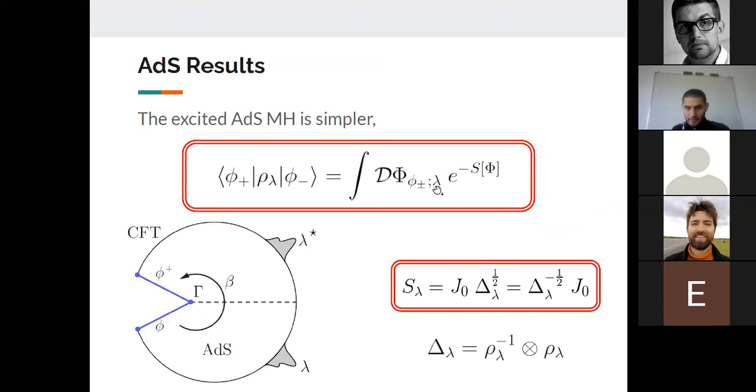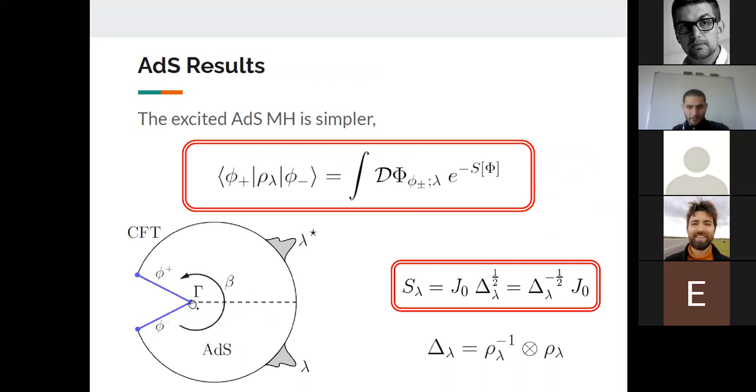a boundary condition deformation, and one will be something like this. This is the boundary CFT. This is open for pictorial reasons, just to make clear that there is a basis element phi plus that I must insert here.